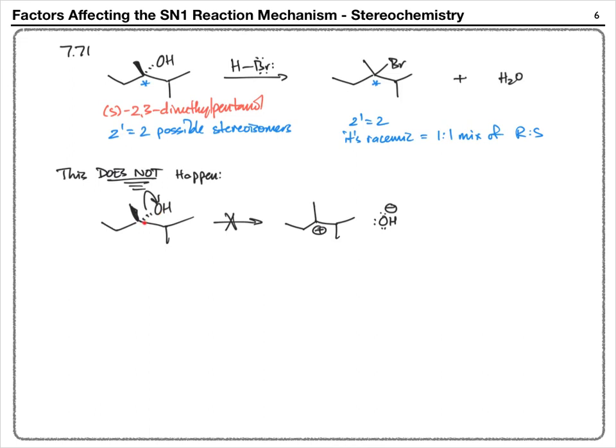The alcohol never ionizes to give you a carbocation and hydroxide. How do we explain that?